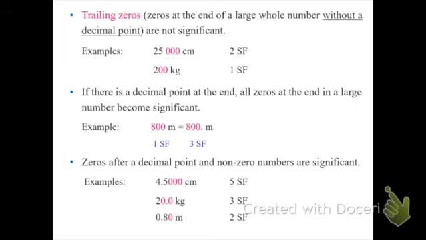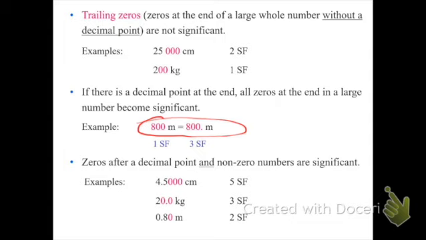So you will see here we have this example of 800. So we have 800 and this has a dot at the end. So placing that dot over there changes everything. So the first one has 1 significant figure, but the second one has 3. Because if you put a dot there, then the zeros are going to count.